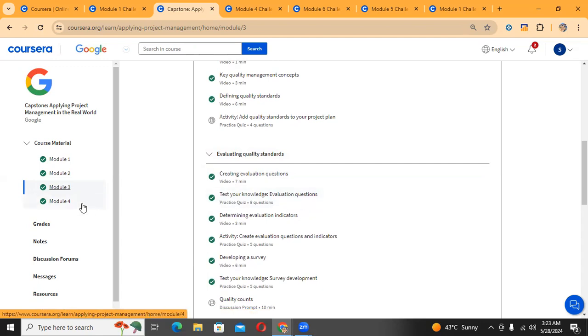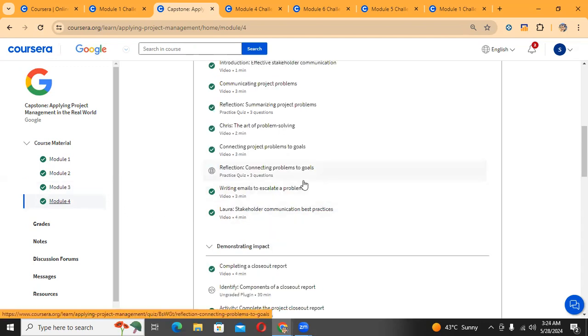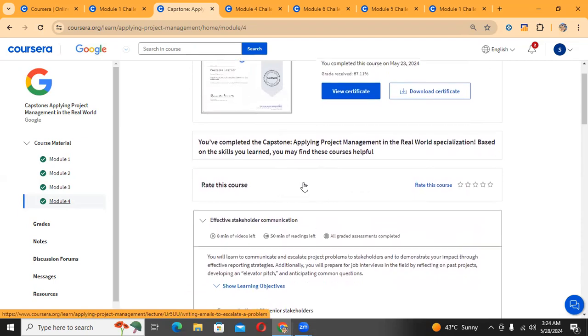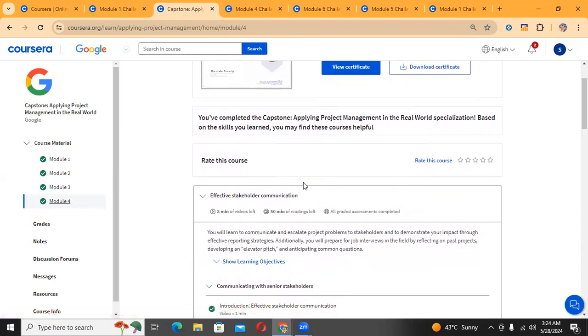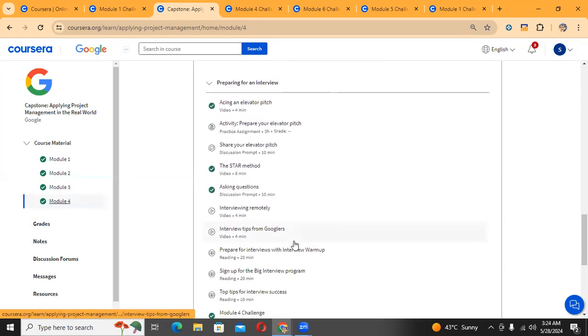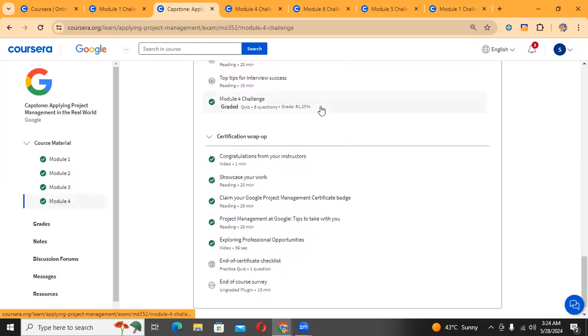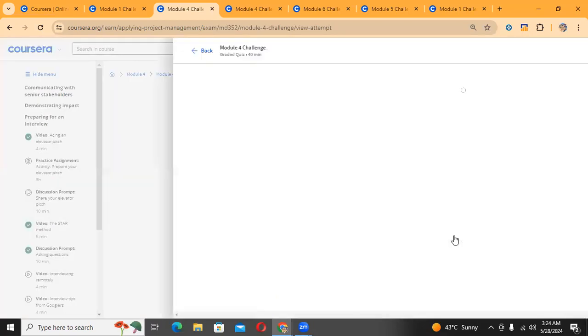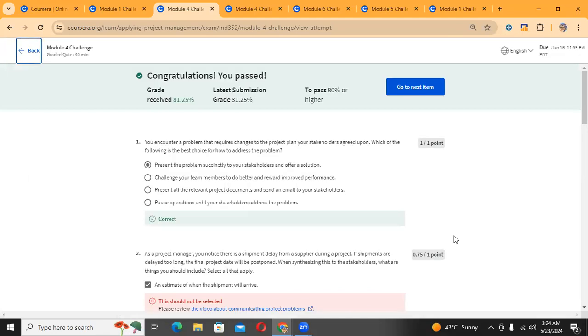The fourth module is about stakeholder communication. So let's do the quiz from this module. The first question is how you encounter a problem.